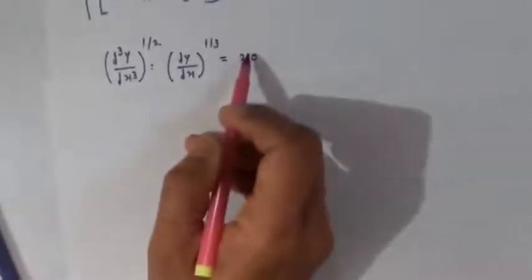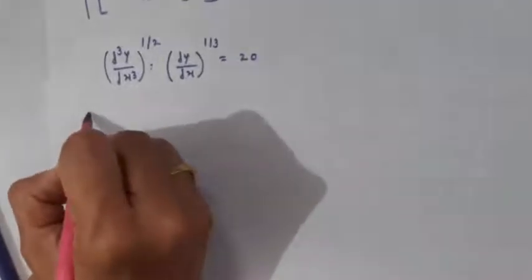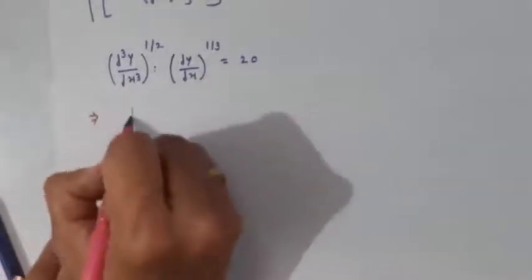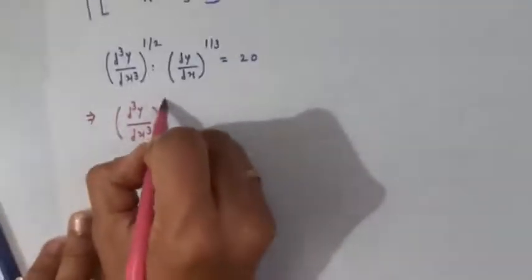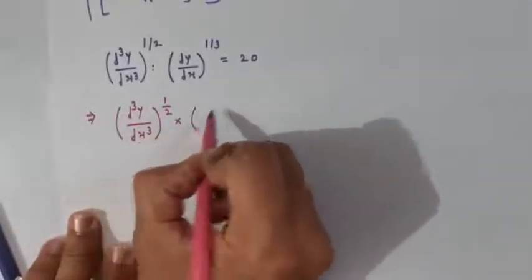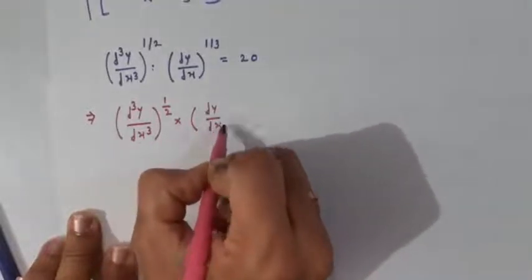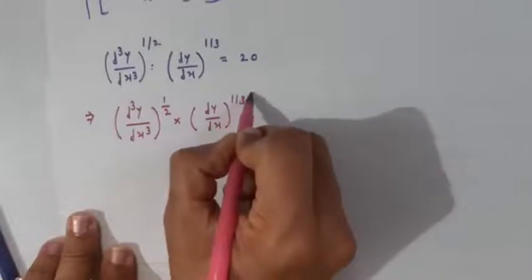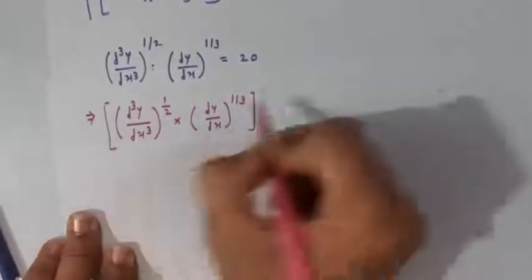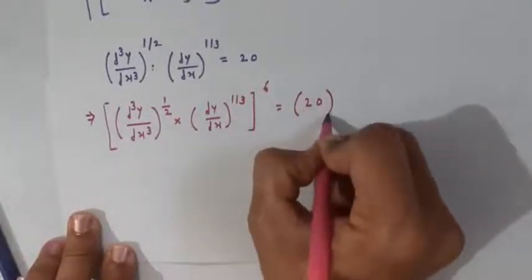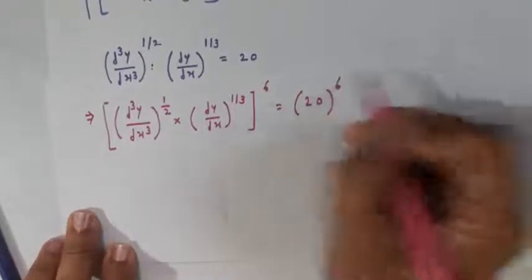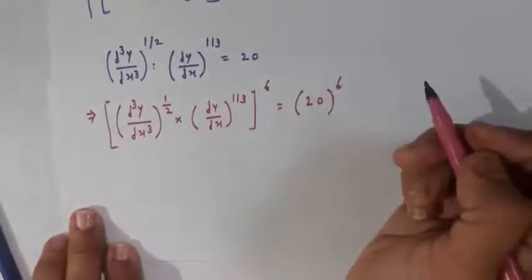To simplify this, we take the 6th power on both sides: ((d^3y/dx^3)^(1/2) into (dy/dx)^(1/3)) whole raised to 6, and on the RHS we also take the 6th power.